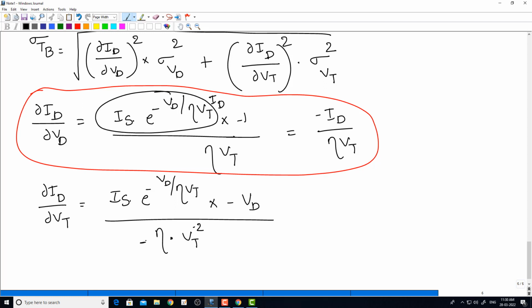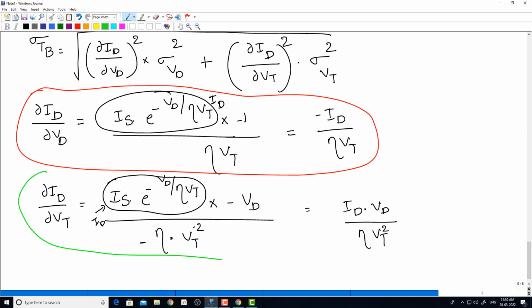This expression is again Id, so Id into Vd divided by eta into Vt square. This expression is the derivative of the diode current with respect to the thermal voltage.